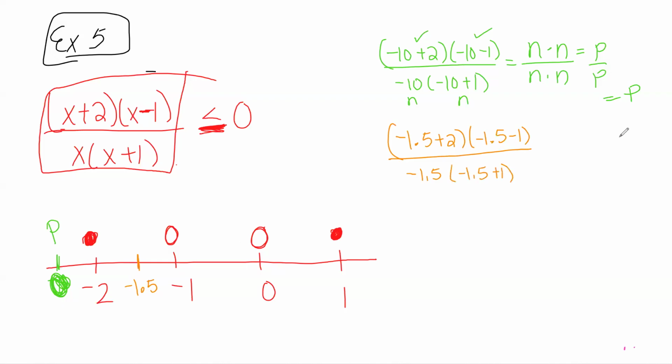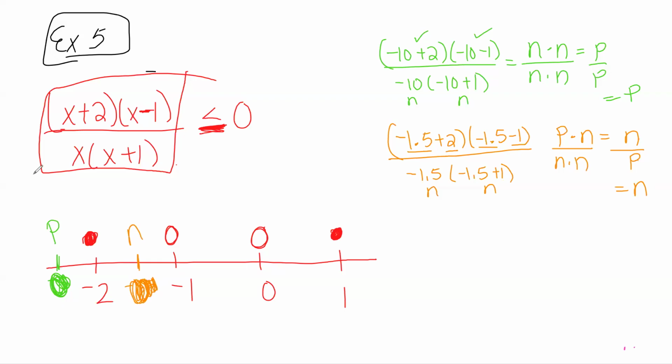And again, if you don't want to mess with all that in your head, push that in a calculator, note down the sign of the result. You owe me 1.5, you give me 2, you gave me extra, so that's positive. You owe me 1.5, you borrow 1, that's negative, so top's negative. That's negative, that's negative. So the bottom's positive, negative divided positive is negative. Put an N, scribble.